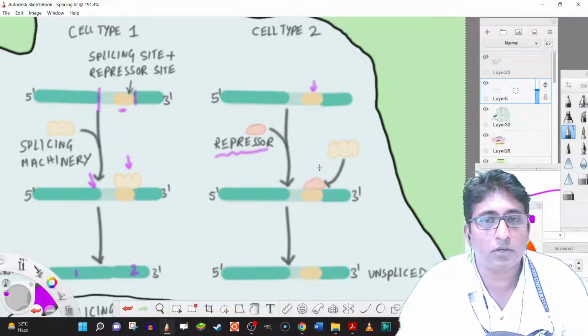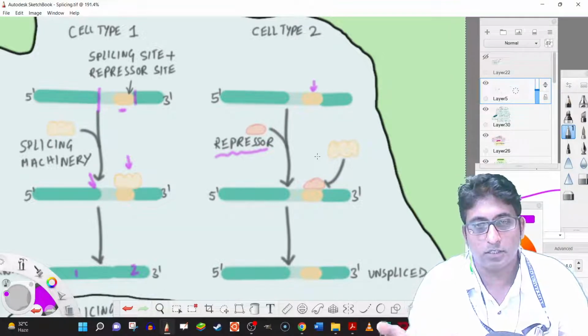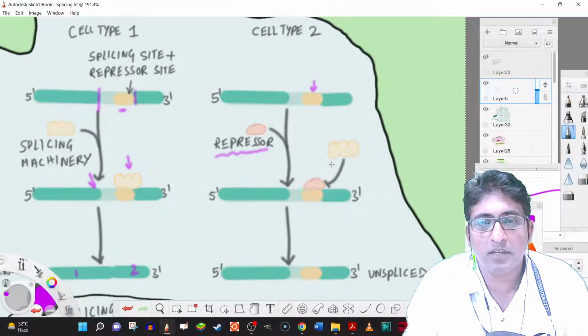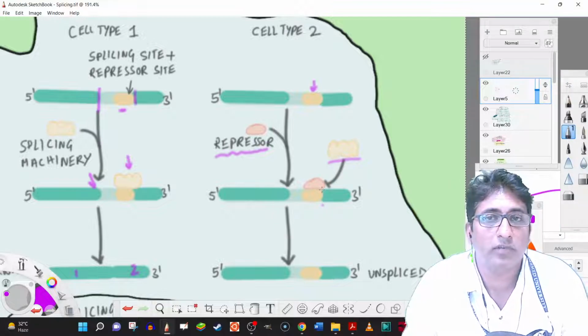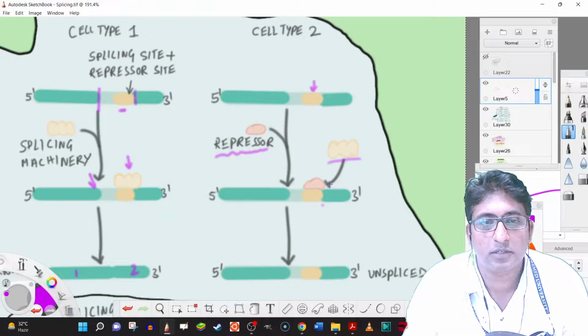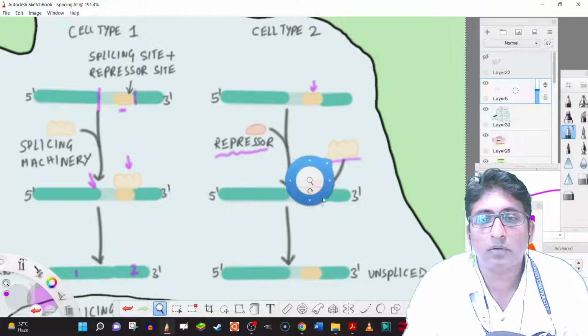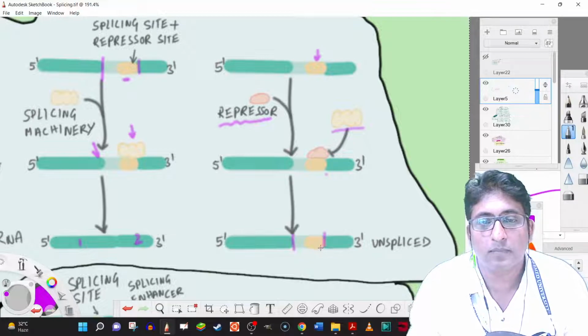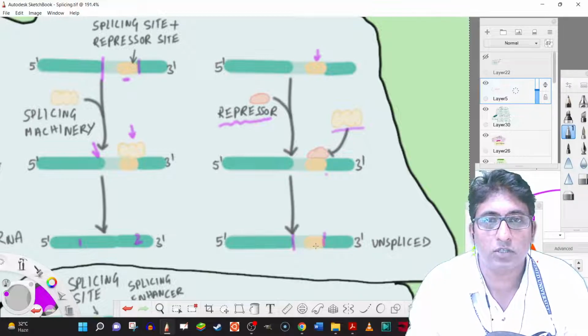Because of the repressor binding to the site adjacent to the 3' splice site, the ability of the splicing machinery to bind to or even recognize the 3' splice site is inhibited. Therefore, there would not be any splicing at this point, and the mRNA could remain as such.